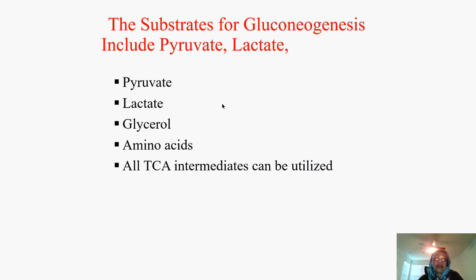When we do any organic molecule synthesis, we are just focusing on the carbon atoms. We look at which molecules can provide me with the carbon atoms. You know that glucose has 6 carbons. Now we need to make sure that we have the availability of those 6 carbons.